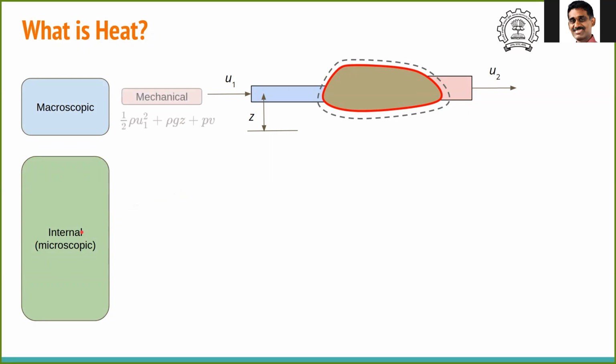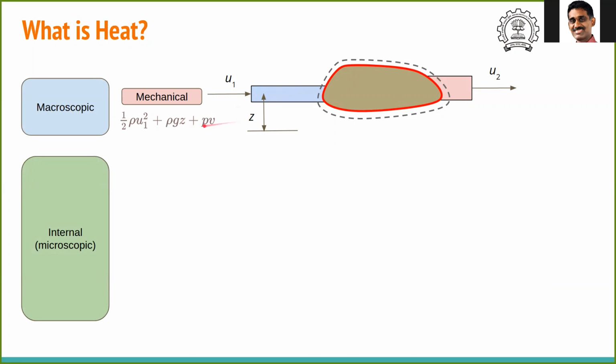The macroscopic energy is also called the mechanical energy. It has three important terms. The first comes from the kinetic energy of the bulk motion. Here U1 is the mean velocity of this fluid flowing through this pipe.